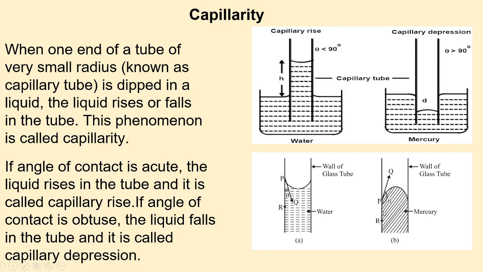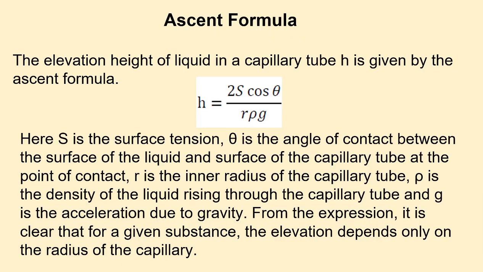So the liquid falls in the tube, and this is called capillary depression. So for capillary rise the angle of contact is acute, and for capillary depression the angle of contact is obtuse. Now we have a formula for how much the liquid rises or falls in a capillary tube, against gravity.